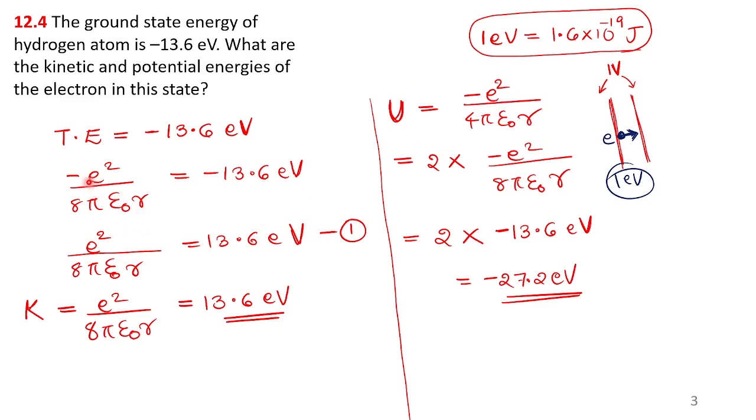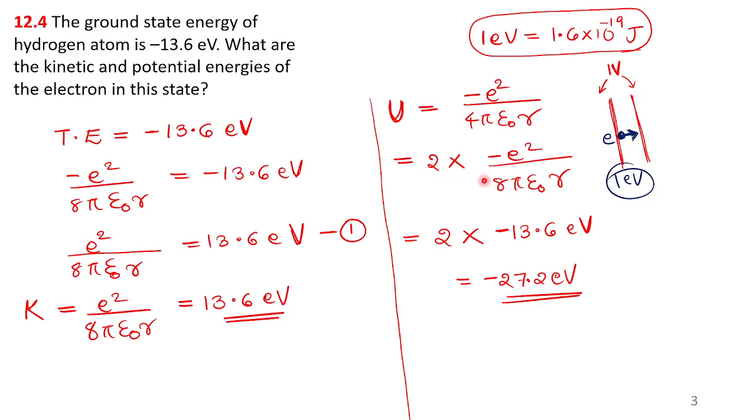We know the value of E square by 8 pi epsilon 0 r. So look at this formula. You can see 1 by 4 here. 1 by 4 can be written as 2 by 8.